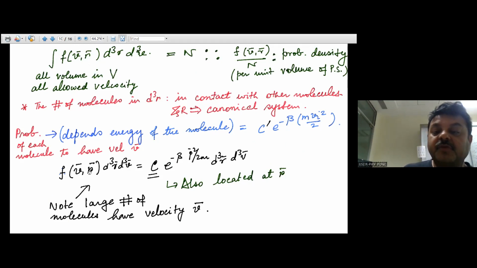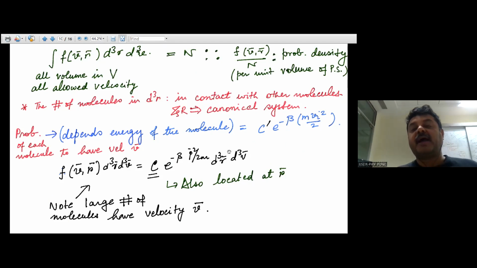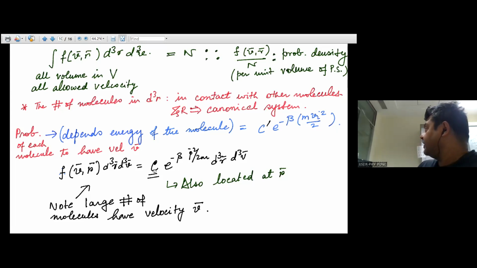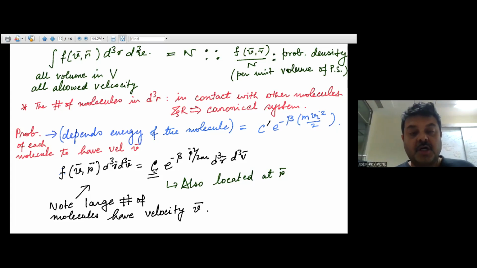This is per unit volume, and it is multiplied by the volume that we are considering. If you have more particles, this proportionality constant will be higher.